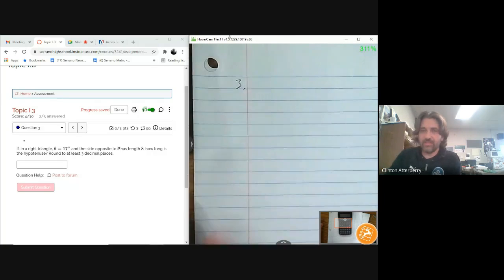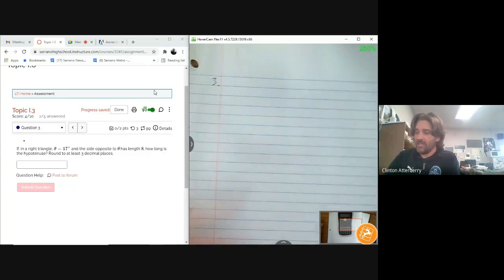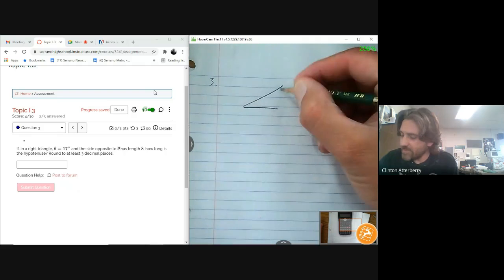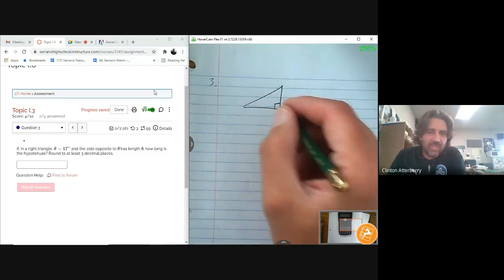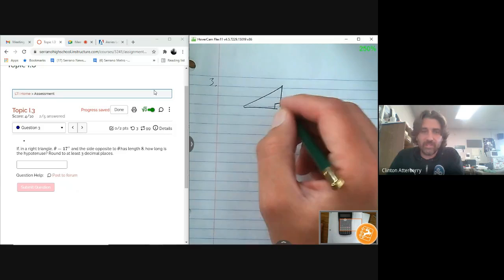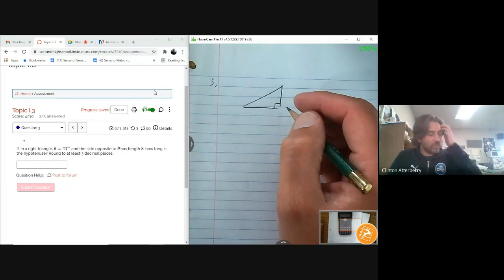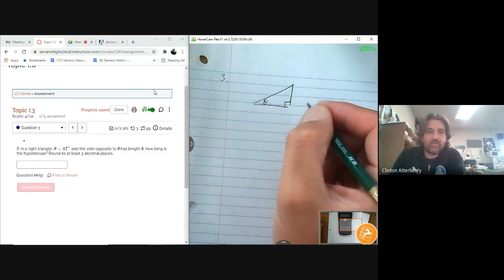You've got some right triangle. You can draw any type of right triangle you want. Last class meeting we drew a lot that looked like this, or the other way. As long as you draw everything out as they say, you'll be fine. There's no one exact way to do it, but they should all work out the same.